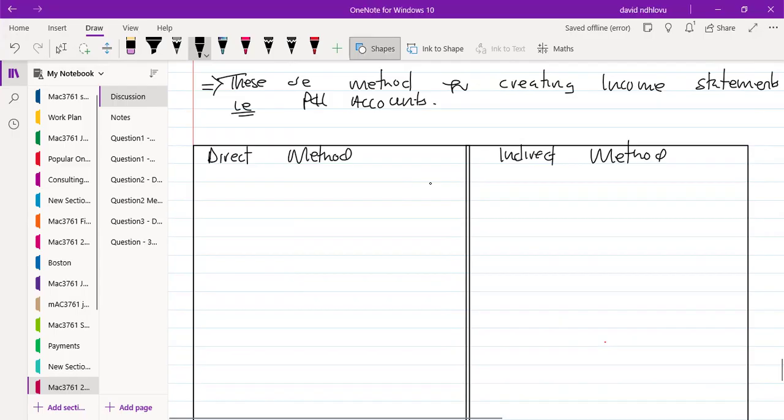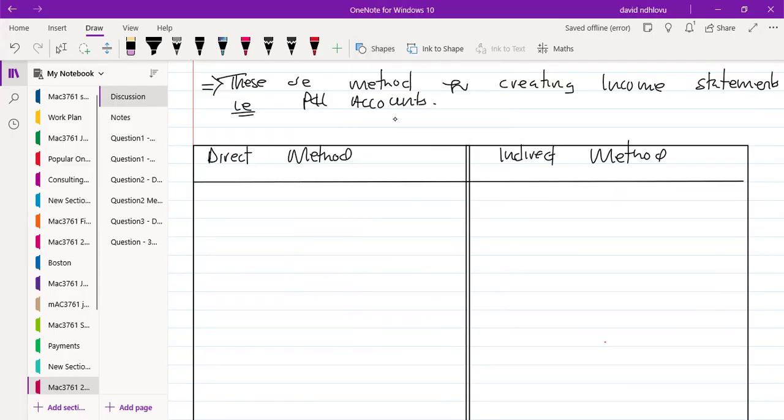These names are interchangeable. The direct method is also known as the variable costing method.